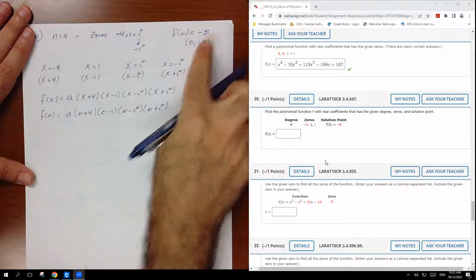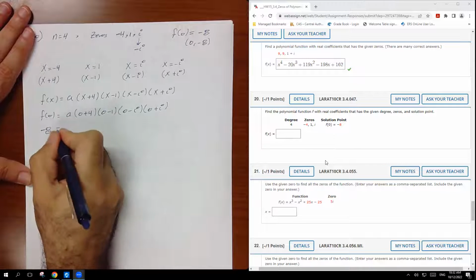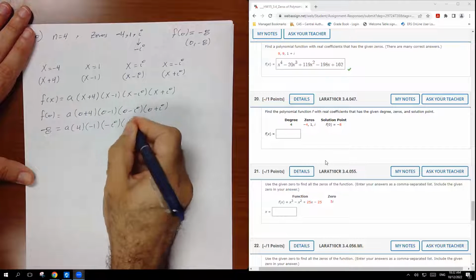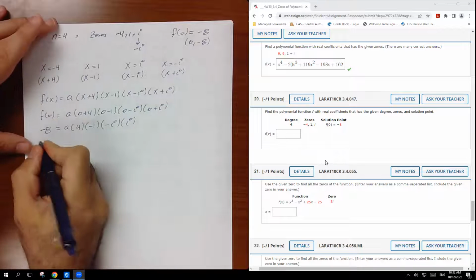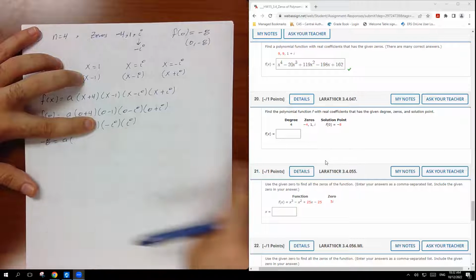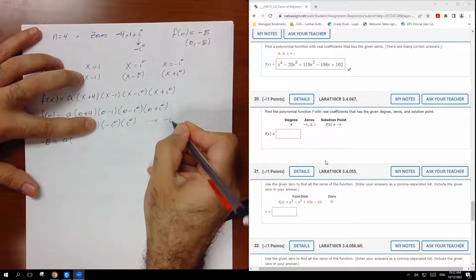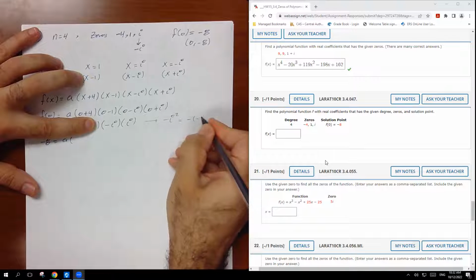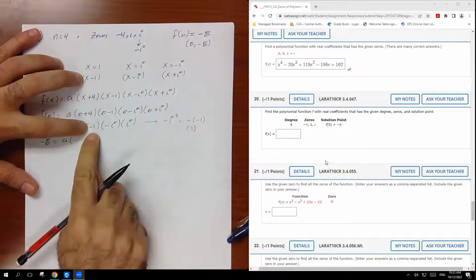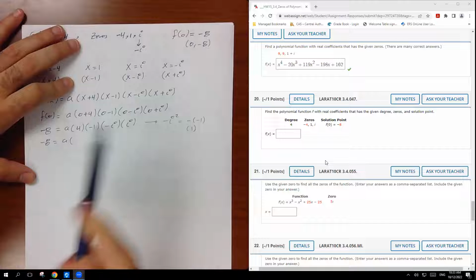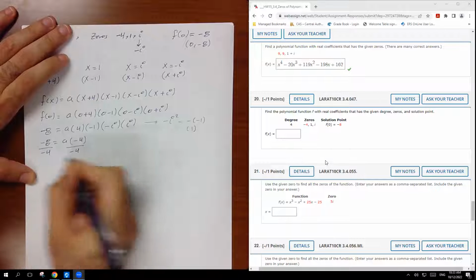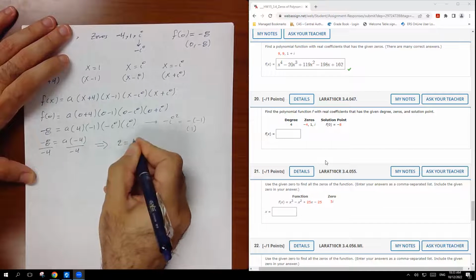Simplify: f of 0 equals negative 8, so negative 8 equals a times 4 times negative 1 times negative i times i. Negative i times i is negative i squared, which equals negative negative 1, so it's just 1. 1 times negative 1 is negative 1, times 4 is negative 4. Divide both sides by negative 4 to find a. That means a equals 2.